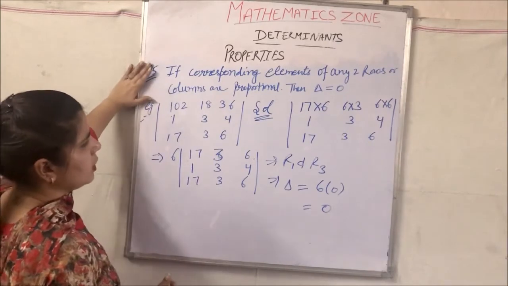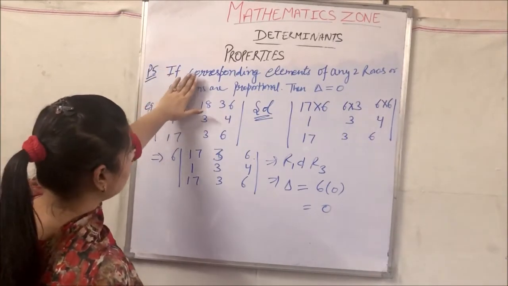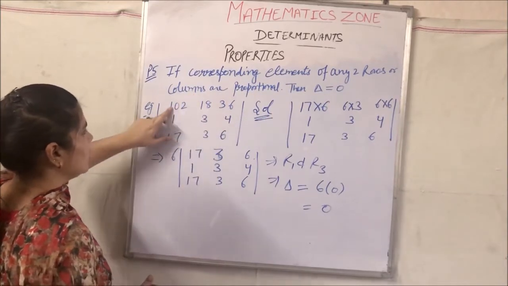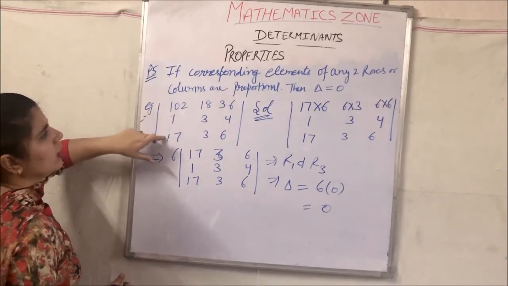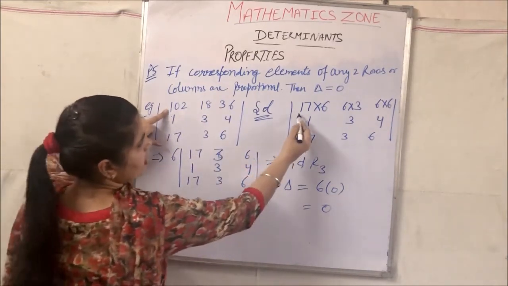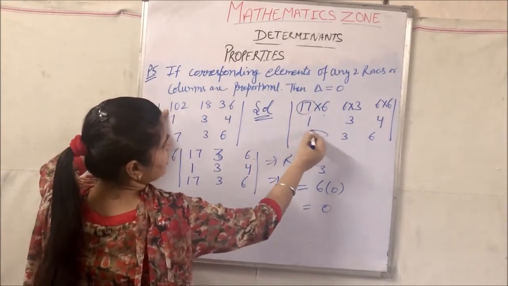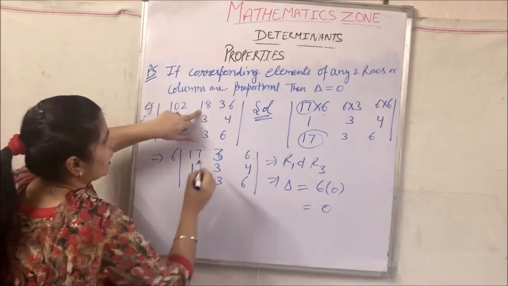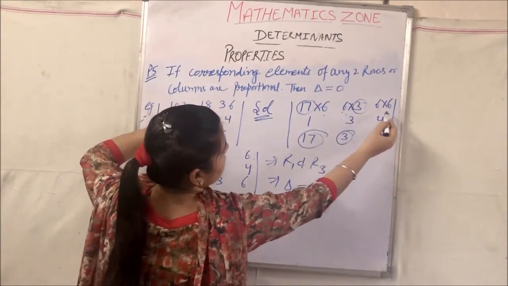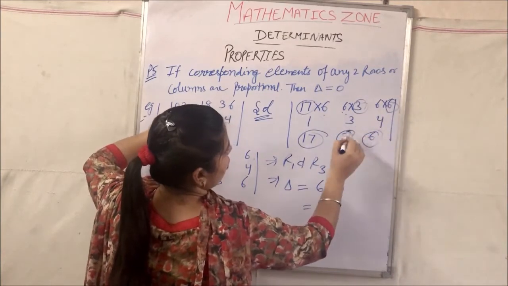So we prove the above property that if the corresponding elements of any two rows or columns are proportional, then the determinant is 0. So 102 is written as 17 into 6. Here 17 and 17 are common, in 18, 3 and 3 are common, 6 and 6 are common.